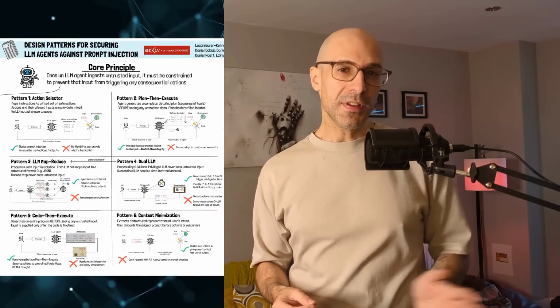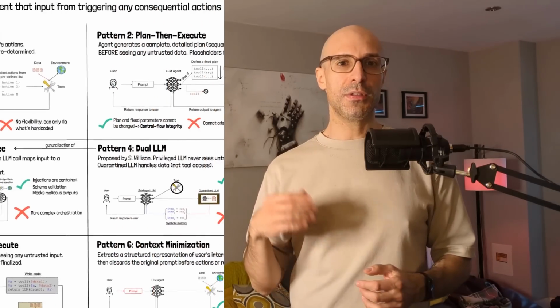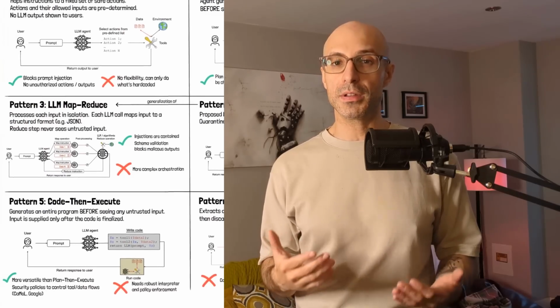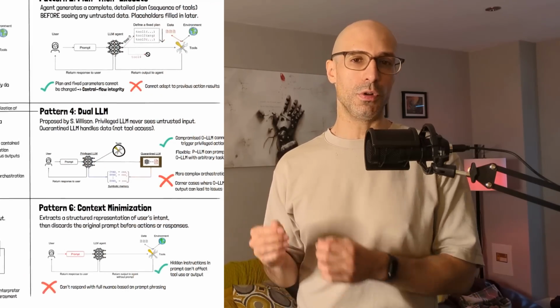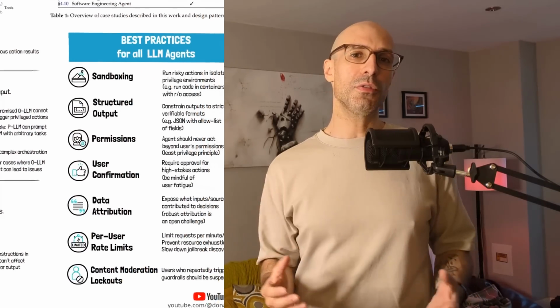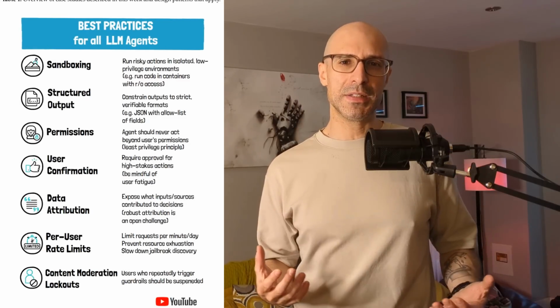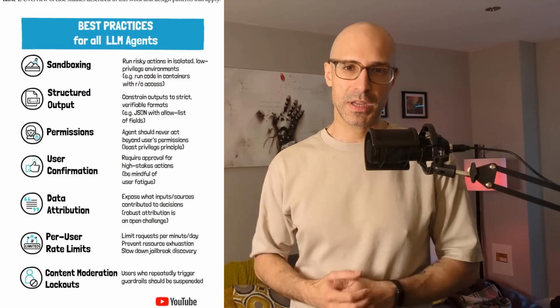We walked through 6 design patterns, each with its own security properties and trade-offs, plus examples and practical considerations from real-world cases. We also covered cross-cutting controls that should really be implemented in any LLM application.